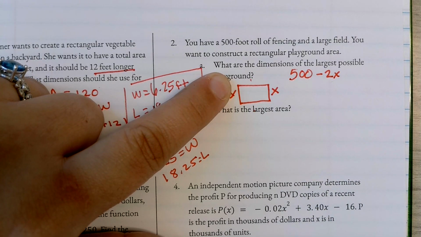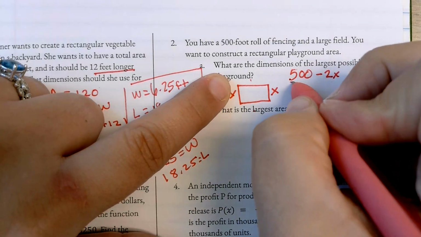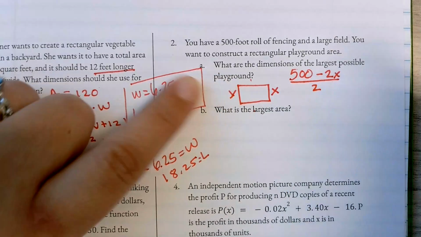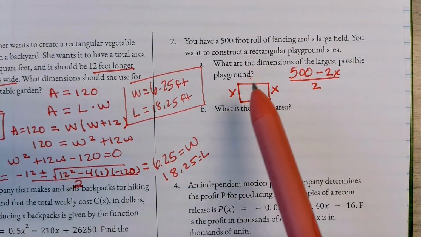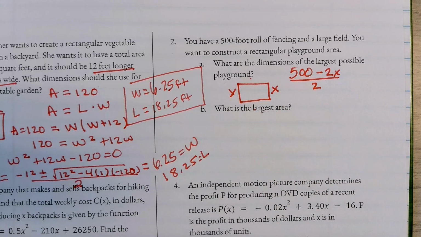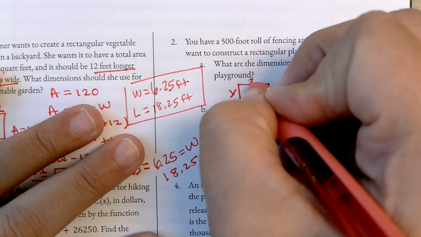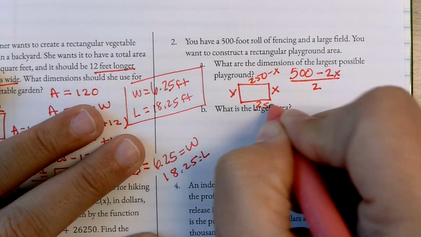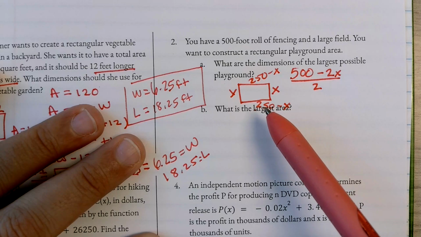Okay, so what I'm thinking is this side, I think that's right. So that gives us 250 minus x for this side, and this side is 250 minus x as well, because there's two of them.